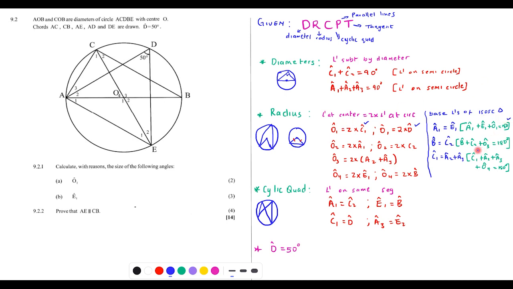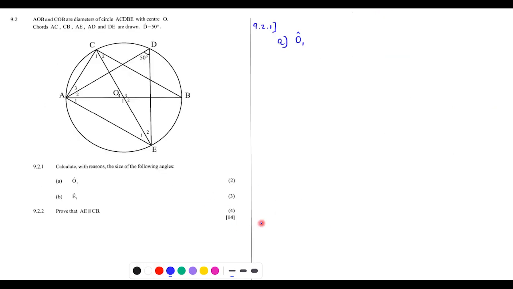Now here I'm looking for the O1 that has D, because I do have information about D. As you can see here, this is the one that has D. So basically O1 is twice D. All right, and then I'm just going to say O1 is 2 times angle D. Now don't forget to write the reason.